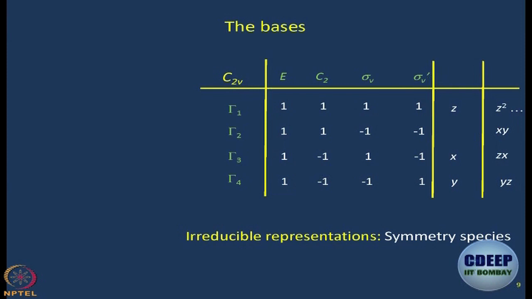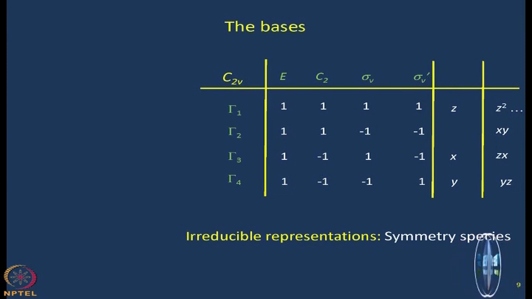If you take X, it is symmetric with respect to E, antisymmetric with respect to C2, symmetric with respect to sigma V, antisymmetric with respect to sigma V dashed. So, if you want to know the overall behavior of a function in response to symmetry operations, you have to look at the entire collection of characters, which is the representation.